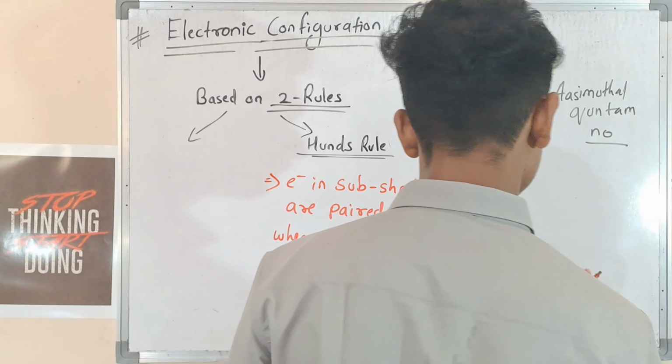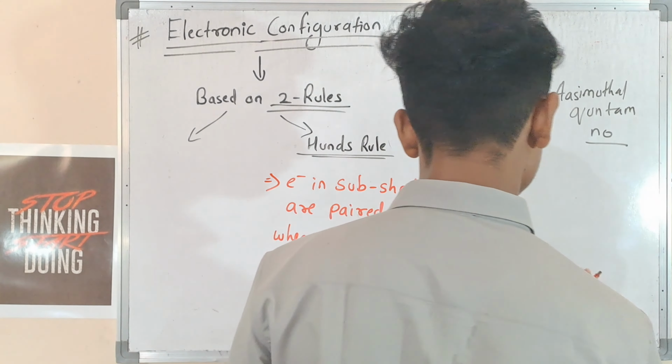Let's understand this with an example. The p subshell has three orbitals.